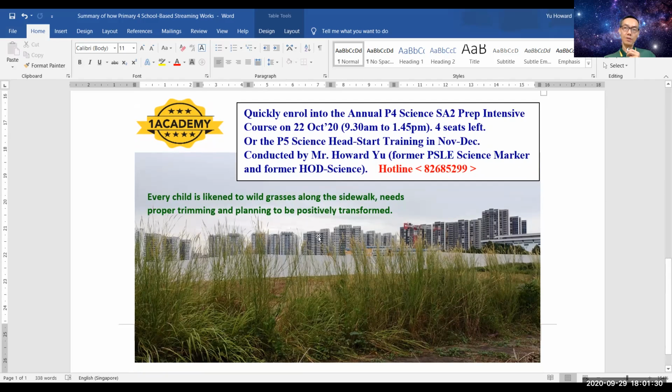So if you send in your child early, there is sufficient time for me and for Mr. Quack, who is my partner in mathematics, to help to trim your child, to plan, so that he or she can be positively transformed. And this is what we promise parents to do. And the training, which I'm going to show you now, is in the following slide. Just hang on for a while.